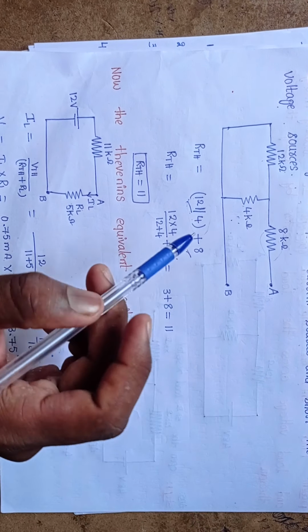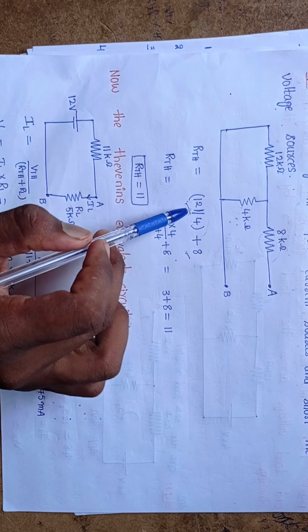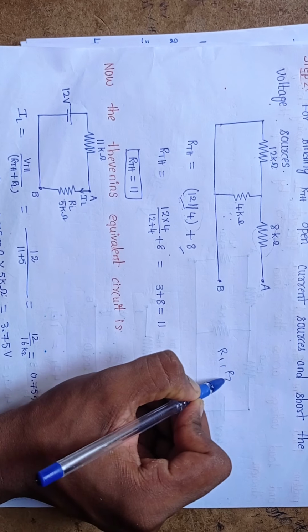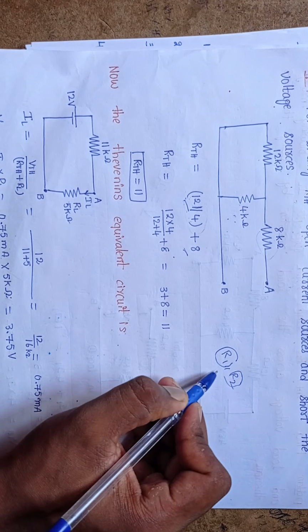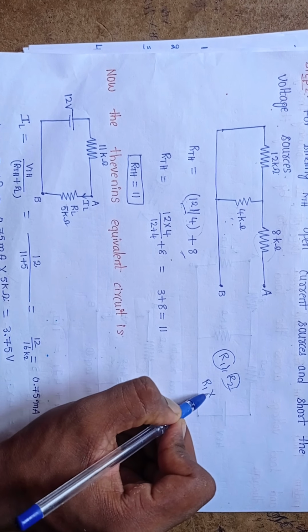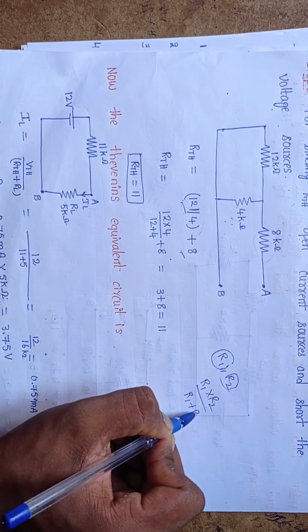We know whenever two resistors are connected in parallel, then we have a formula. Suppose two resistors R1 and R2 are connected in parallel, then the formula to find the equivalent resistance is R1 into R2 by R1 plus R2.